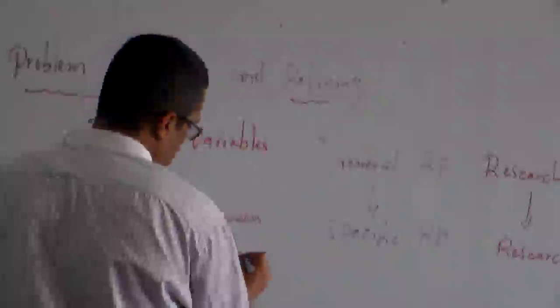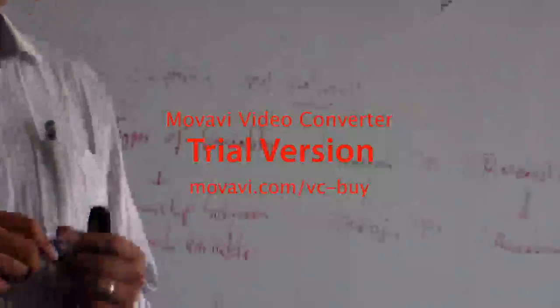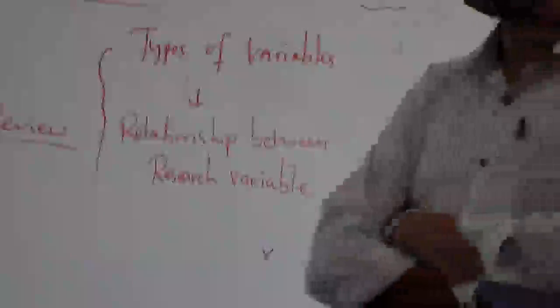Relationship between research variables. What do we mean by variables or research variables? You have an idea? Anybody have an idea about what do we mean by research variable? No? Okay, we will see later.